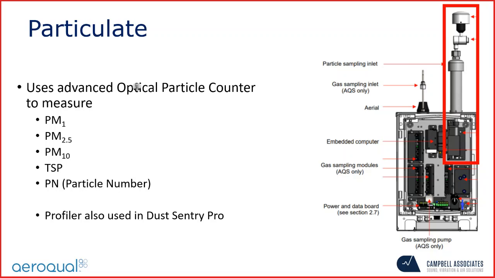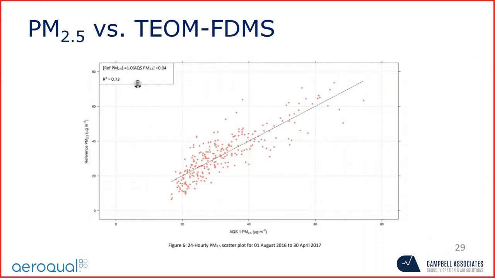For particulate, for both the AQS and the AQM, and also for the Dust Sentry Pro, we're using an optical particle counter, an advanced unit which gives us PM1, 2.5, 10, TSP (total suspended particulate), and also particle number, and with excellent correlation.